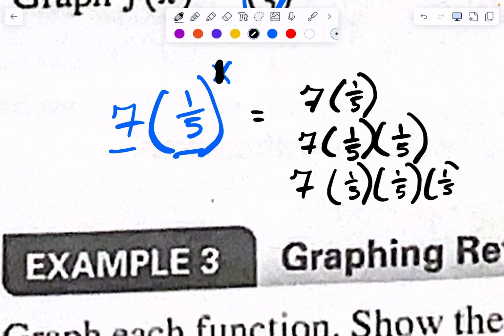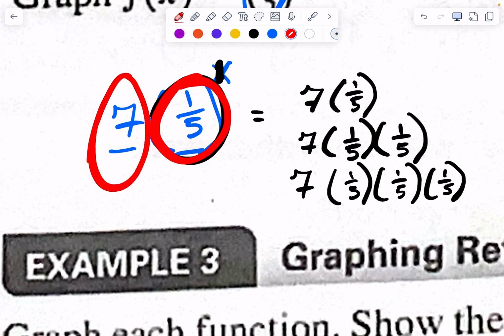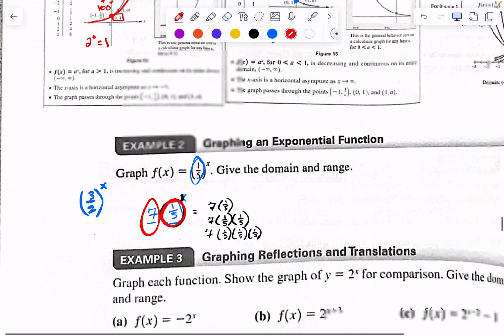Is that making it bigger or smaller? Smaller, right? The 1/5 is the part that is being taken multiple times. So we don't look at the 7, we look at the number that we're taking the value of, like to that power, right? So this is going to be a decay function. Don't even look at this number, right, to determine growth or decay.